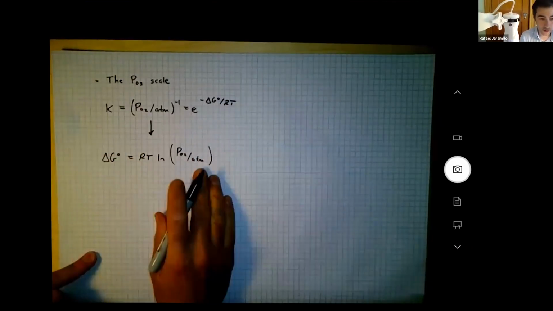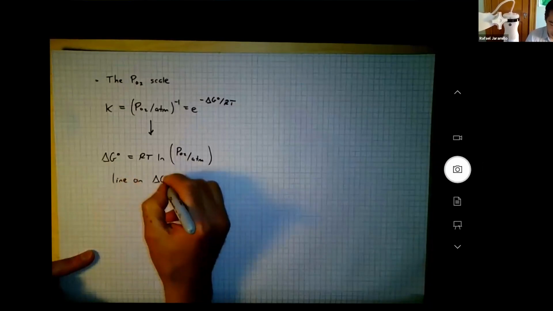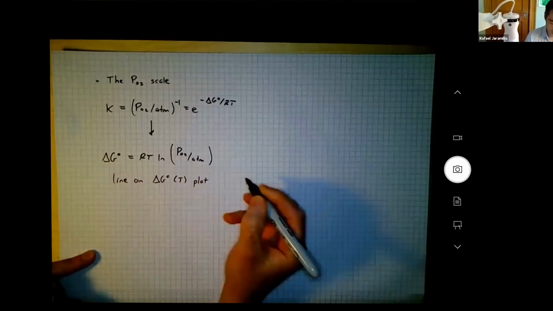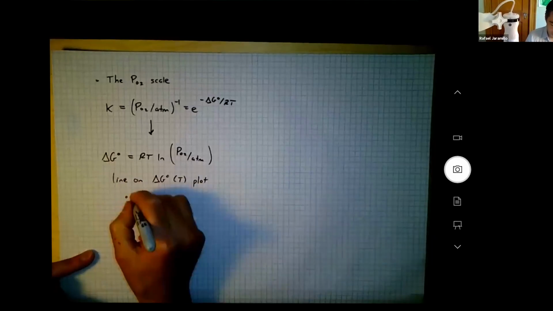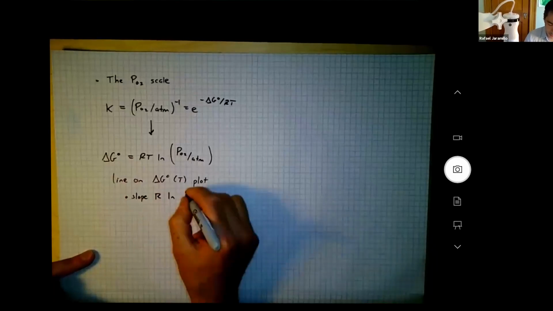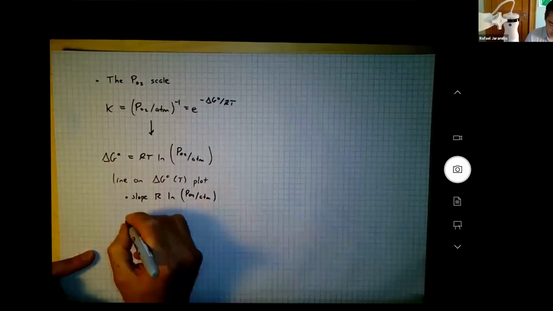This is a line on a delta G naught by T plot with slope R log PO2 and zero intercept.